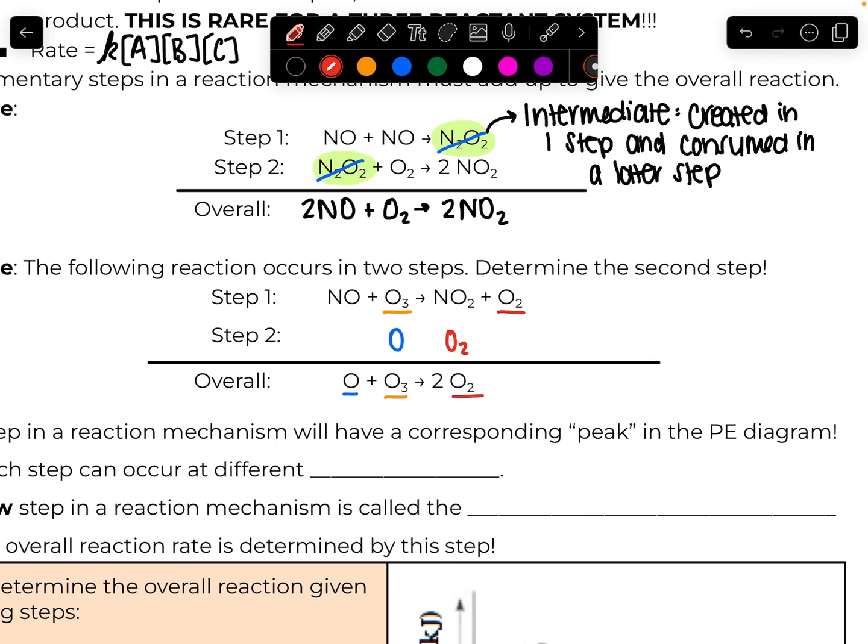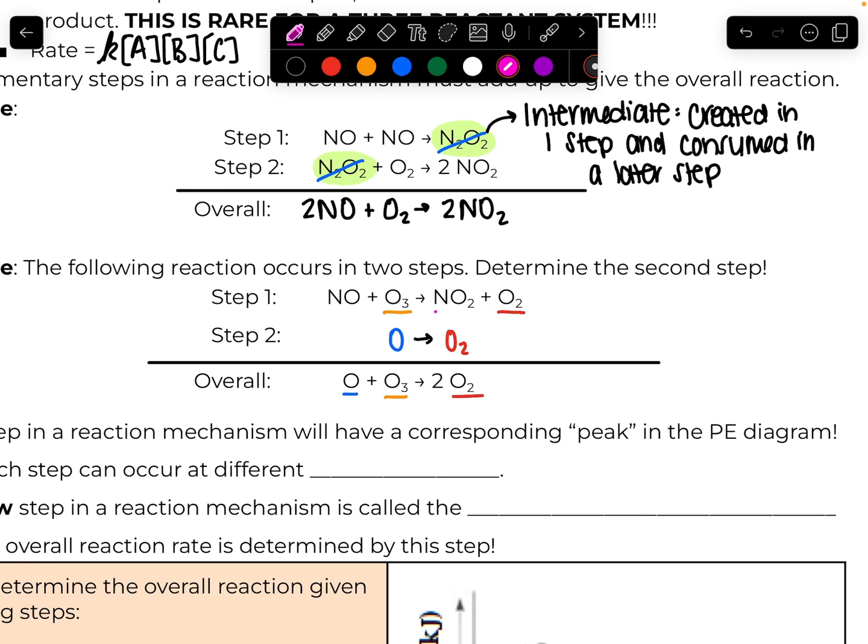Okay, now other issues that I'm noticing here. NO2 and NO do not show up in my overall reaction equation, which must mean they've got to be used somewhere else. That's going to lead to me ending up canceling them from my overall equation.